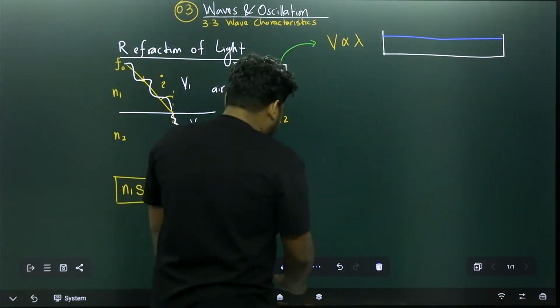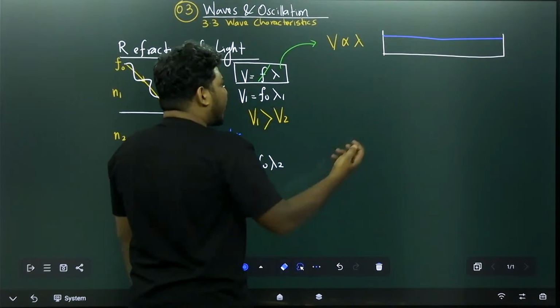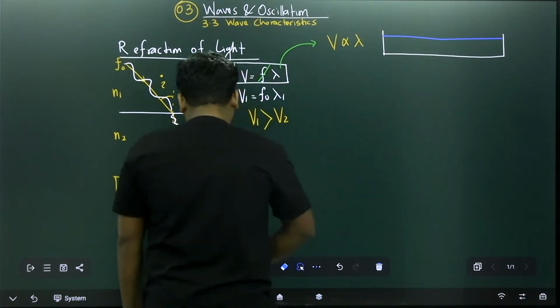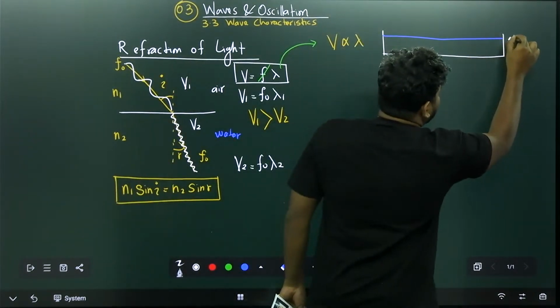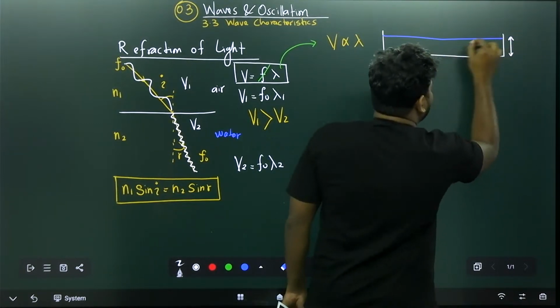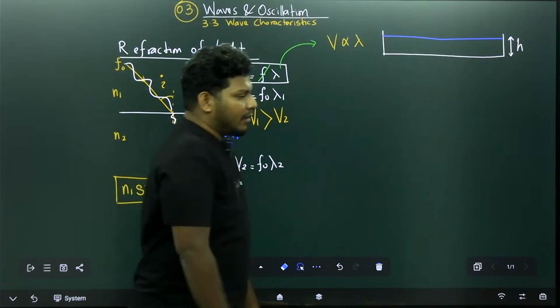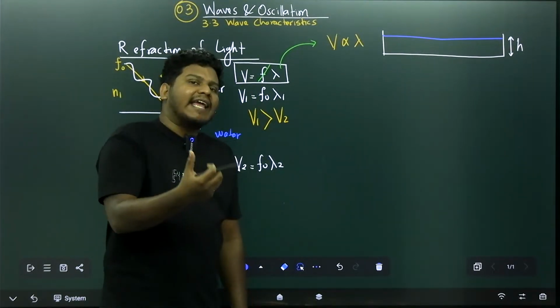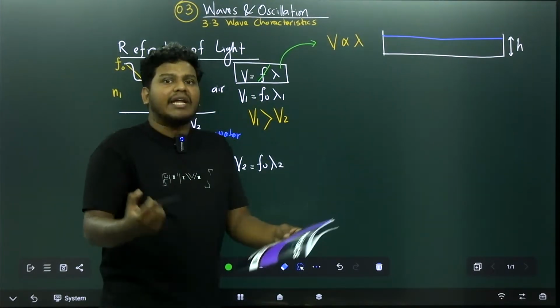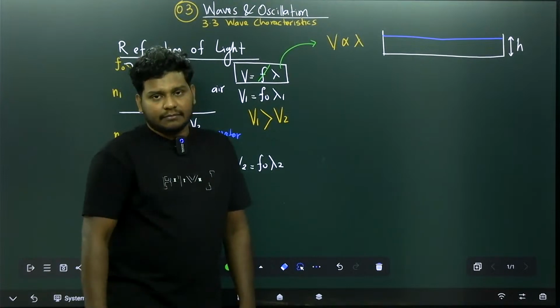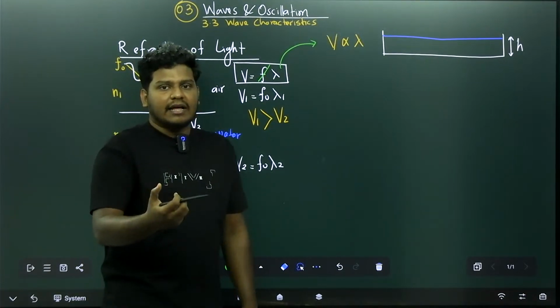In the ripple tank, you already know that the height of the water here from the bottom is, let's say, h. So how can we create two different mediums inside the ripple tank? This is the next question.